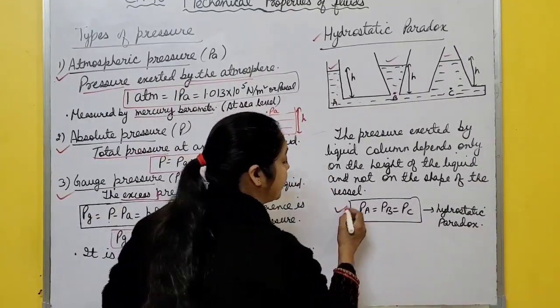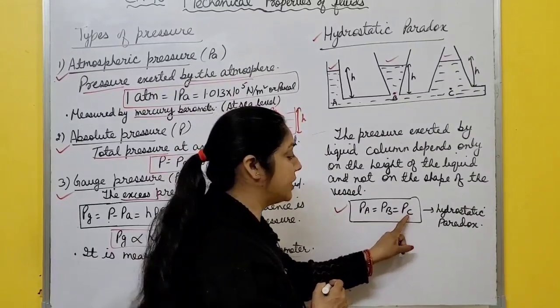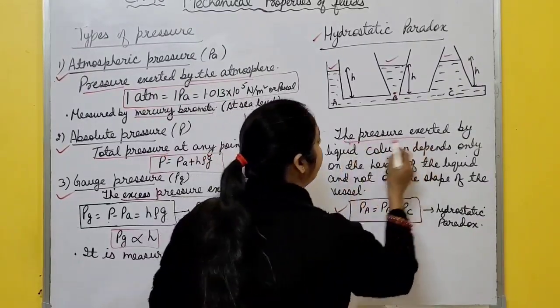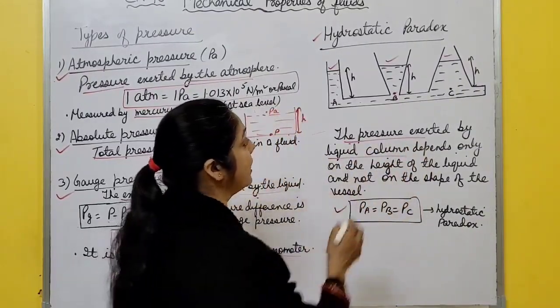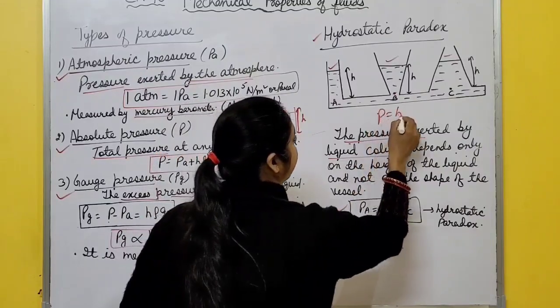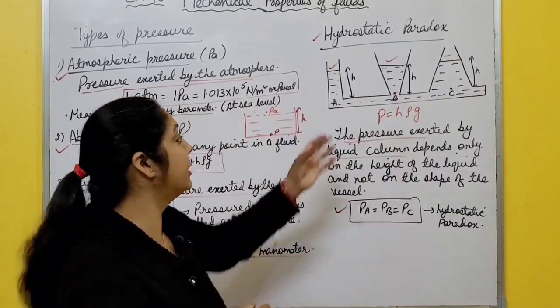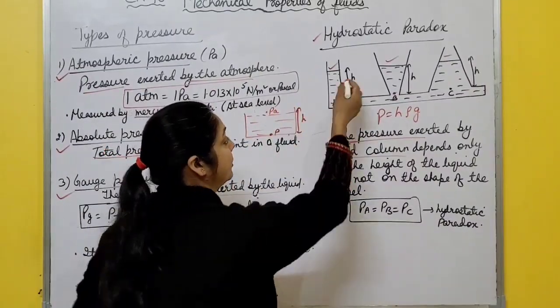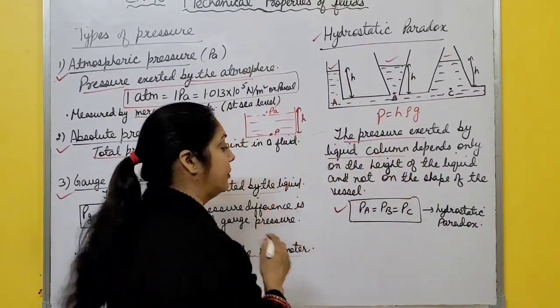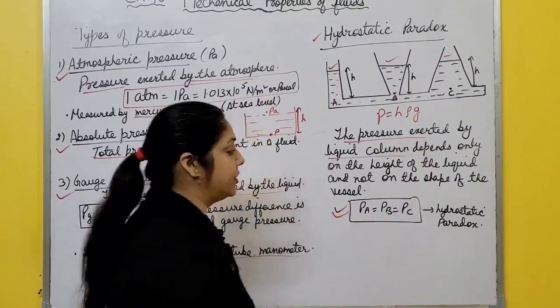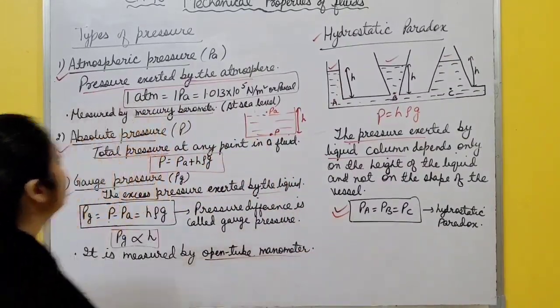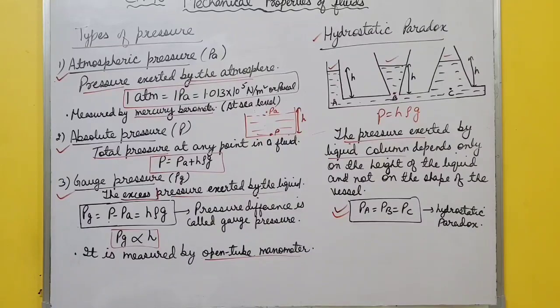So pressure at A equals pressure at B equals pressure at C. The pressure exerted by a liquid column depends only on the height h. P is h rho g, and not on the shape of the vessel or the quantity of liquid contained in it. It only depends upon the height h of the liquid, and this unexpected observation is called hydrostatic paradox, right? So these are just small topics. Please take a screenshot of this one.